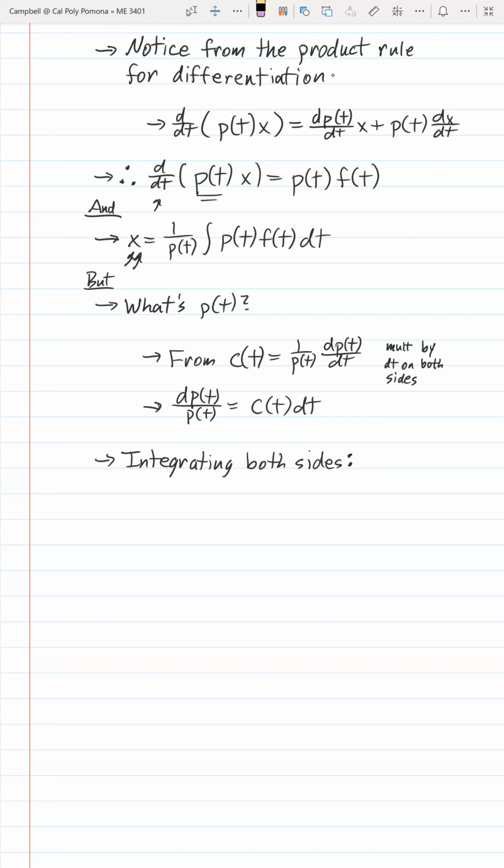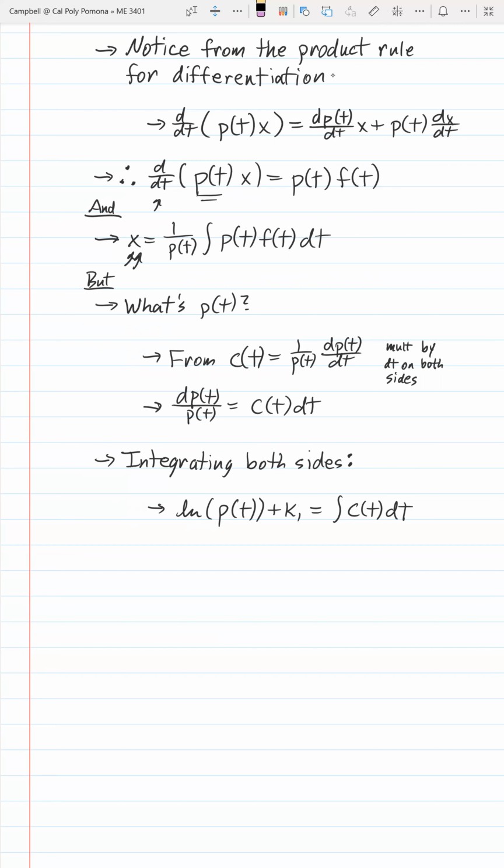Well, what's that going to be? That's just simply the natural log. So we get the natural log of p of t. Here we will have a constant of integration, k1, because of course I'm just dealing with the indefinite integral. And that's equal to the integral of c of t dt.